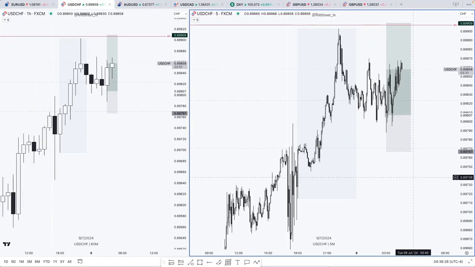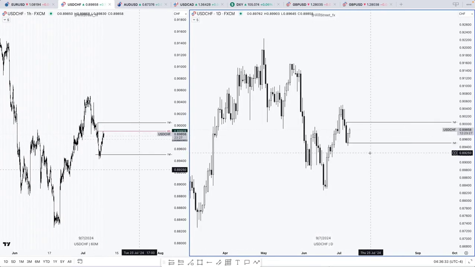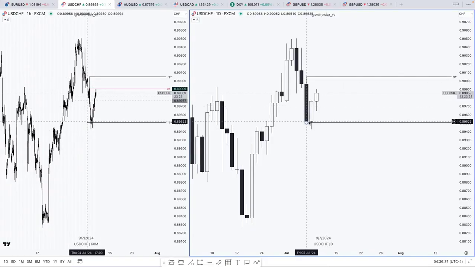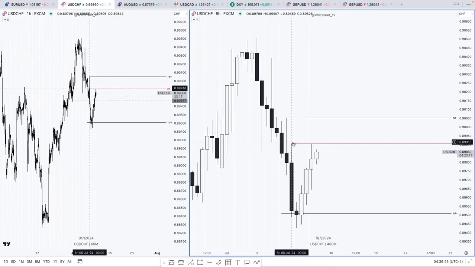But it's really easy. We are here in a 1-day range. We can refine. The draw on liquidity is not reached yet.